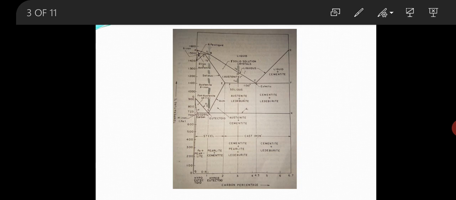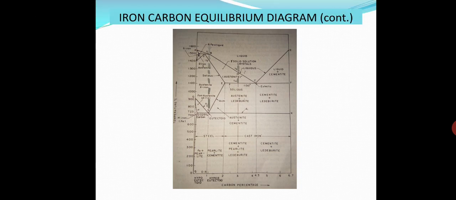So this point S is known as the eutectoid point. Remember it, eutectoid point. The eutectoid point comes in plain carbon steel where the percentage of carbon is 0.8% and the temperature is 723 degrees centigrade.